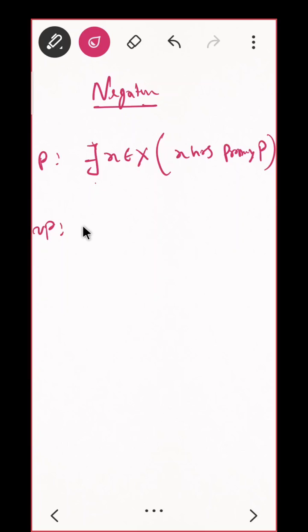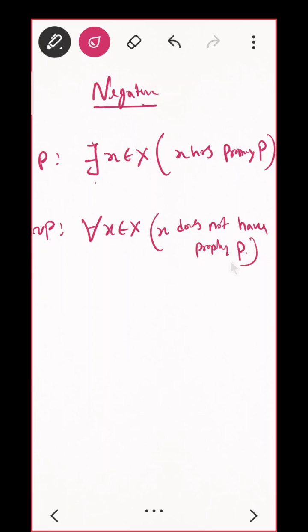There exists will change to for all x belonging to X, such that the negation of the property: x does not have property p, means x does not hold property p. Is that clear?